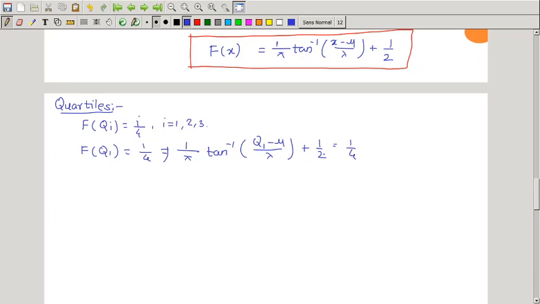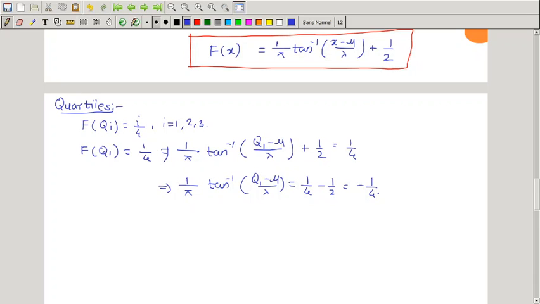Now I have to subtract this 1 by 2 and take it to the right hand side. So 1 upon pi tan inverse of q1 minus mu upon lambda is equal to 1 by 4 minus 1 by 2, that is equal to minus 1 by 4.